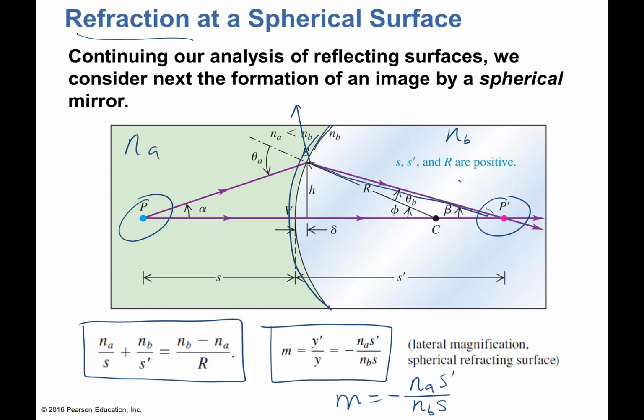Whenever you consider refraction, our sign convention, positive or negative, for the side in front or in the back, actually changes. Now what I have here is, the front is the negative side, and the back is the positive side. Why is that the case?